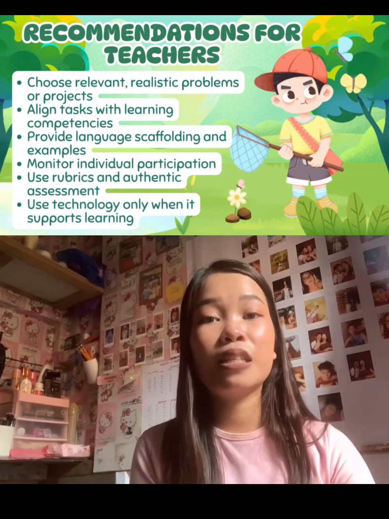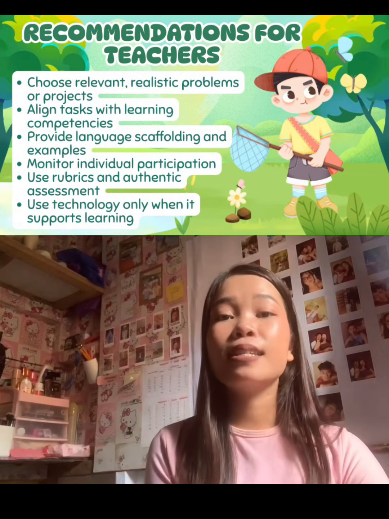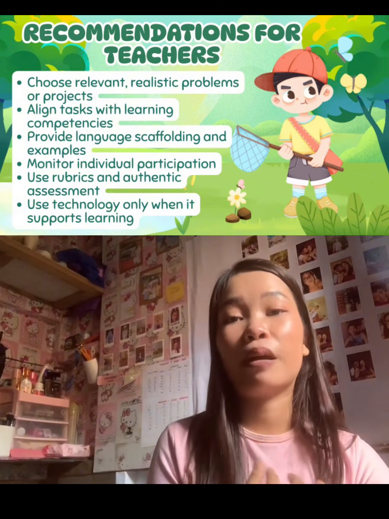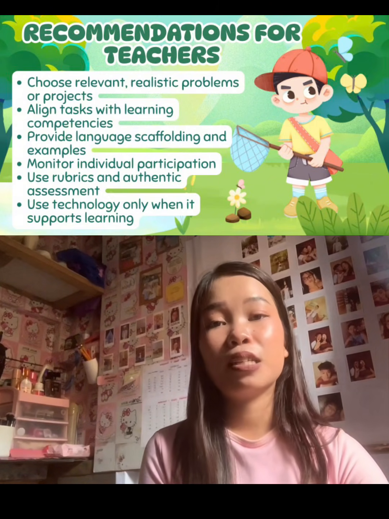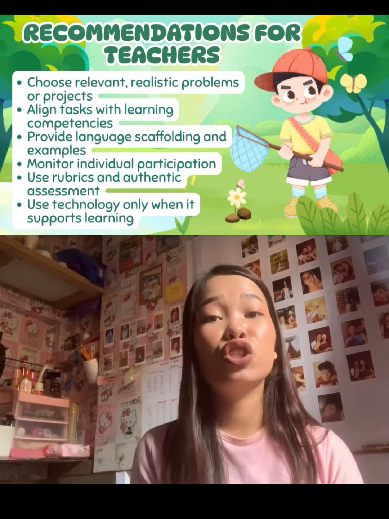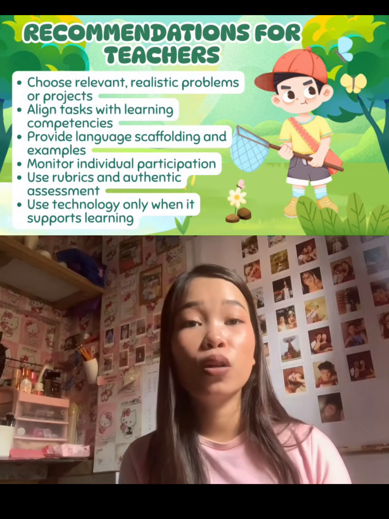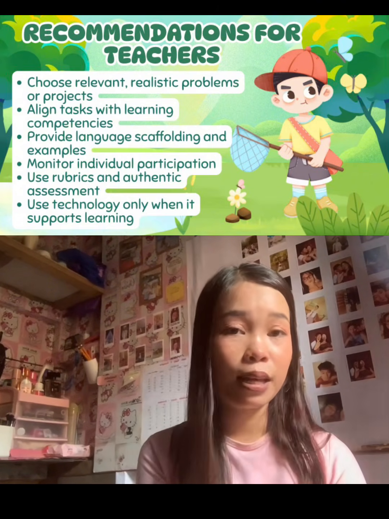Teachers should provide scaffolding, examples, vocabulary support, and sentence patterns when necessary. Teachers should monitor individual participation and use appropriate rubrics. Technology should be used only when it genuinely supports the learning objectives.